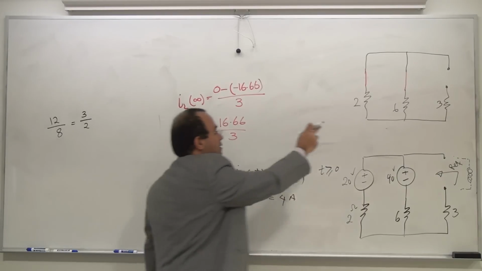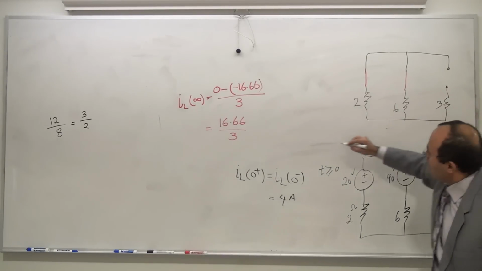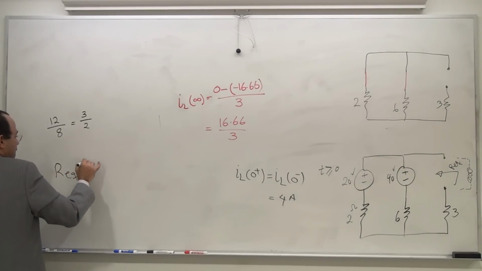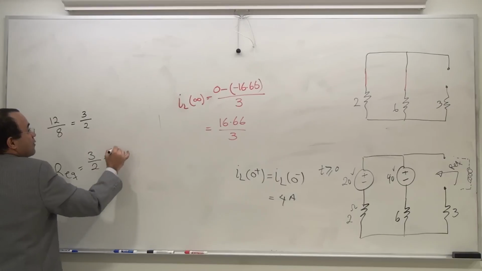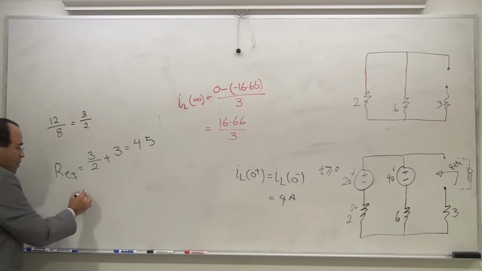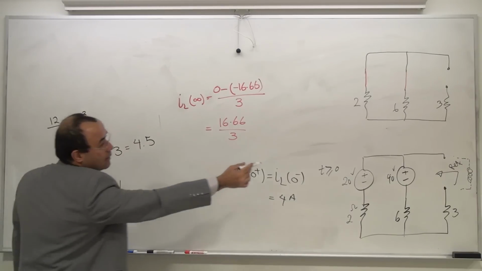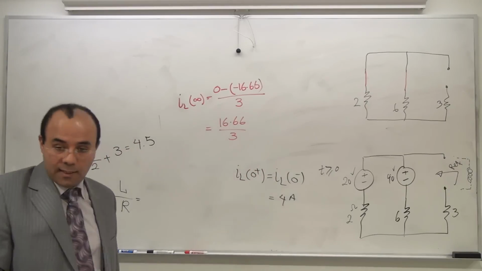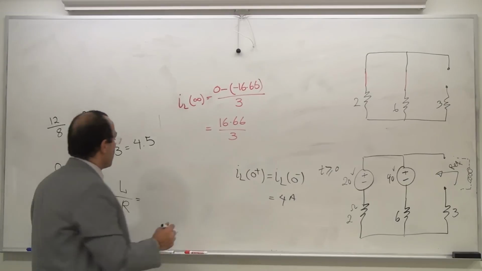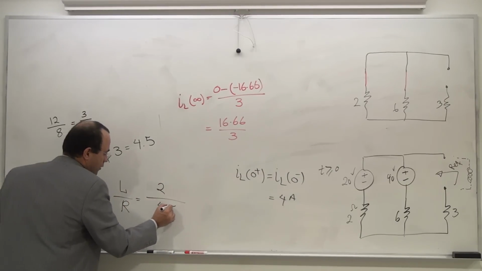So 6 and 2 in parallel would be 1.5. 1.5 and 3, your R equivalent is 3 divided by 2 plus 3, that's 4.5. How much is your tau? Your tau is L divided by R. L is, what happened to my L? L was 2 and R was 4.5.